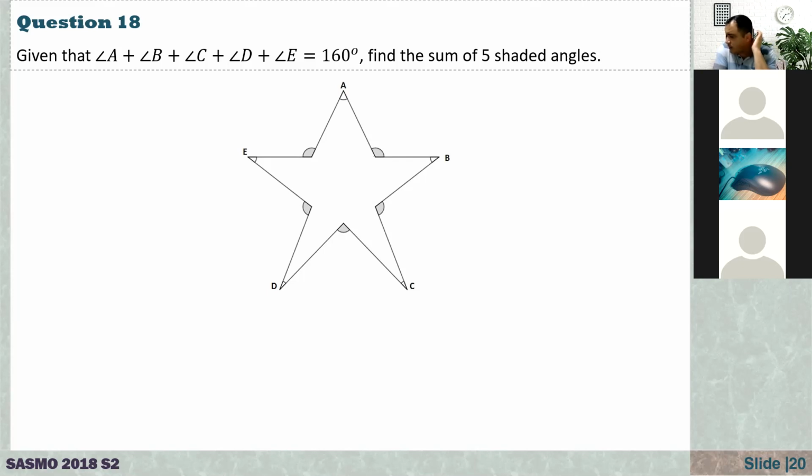Guys, do you have any idea how to do this? Let me give you 2 minutes, okay? Try this. Also, let me think after that. If you have an idea, we will use your idea to solve it together. If you have no idea, we will do it together. Okay, time starts now.